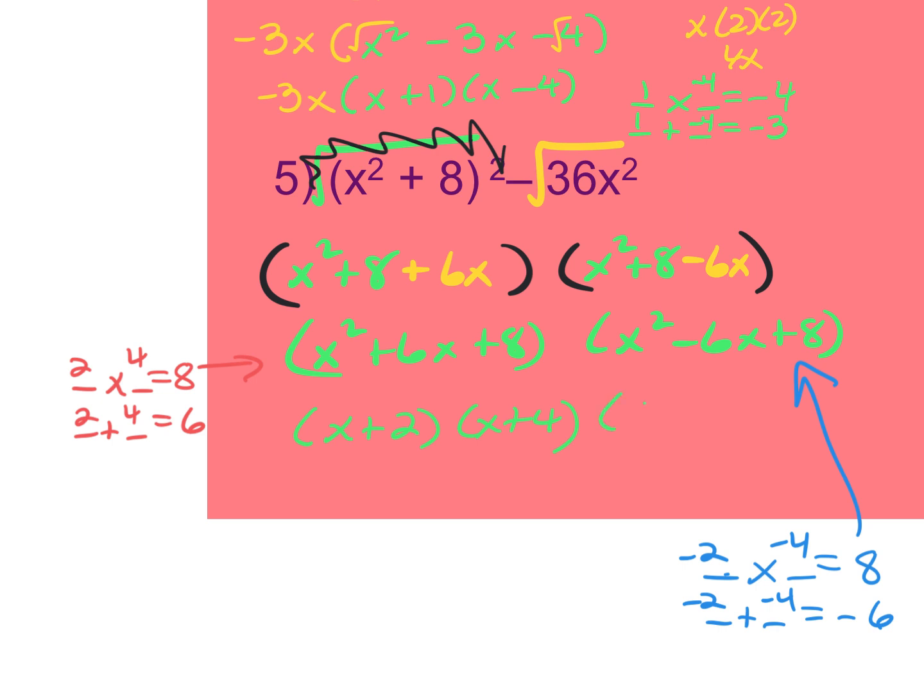So this will factor into x minus 2 and x minus 4. And I'm done. And again, remember, if you multiply these 4 binomials back together, it should go back to the original.